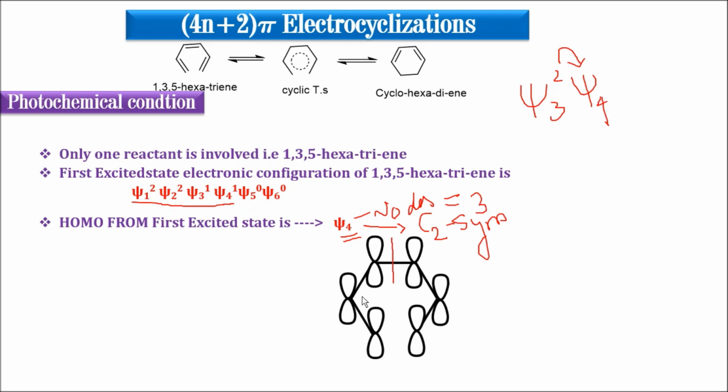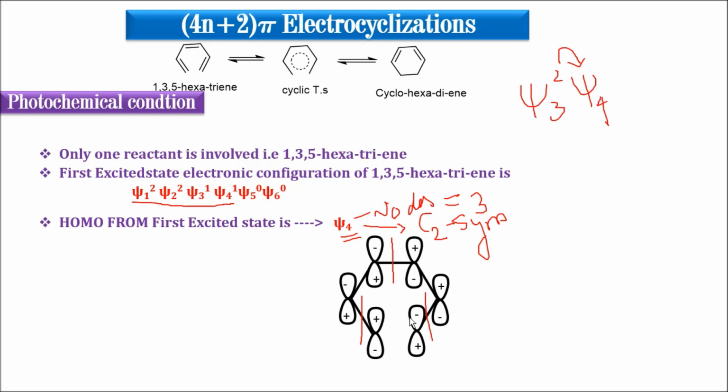To follow symmetry, another node comes at this place and this place. So you see this orbital starts with plus. Here a node is present, therefore we get minus. Here no node, therefore we get minus again. Observe, a node is present, therefore here we get plus. Here no node, again we get plus, and here a node is present, therefore we get minus. So this is Psi4, the first excited state HOMO.